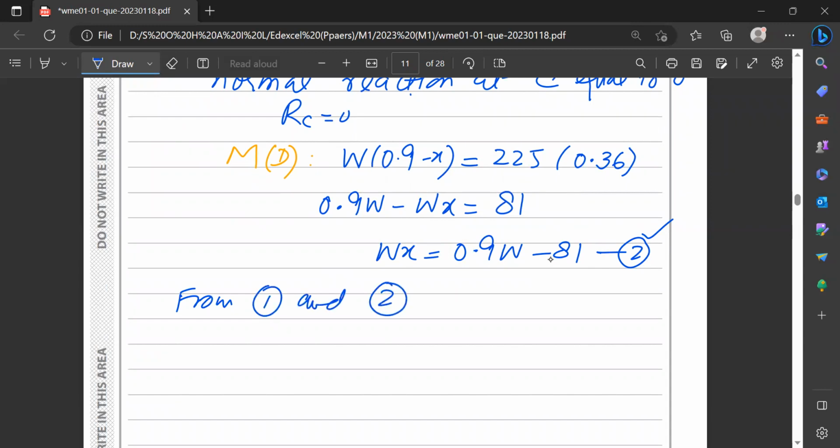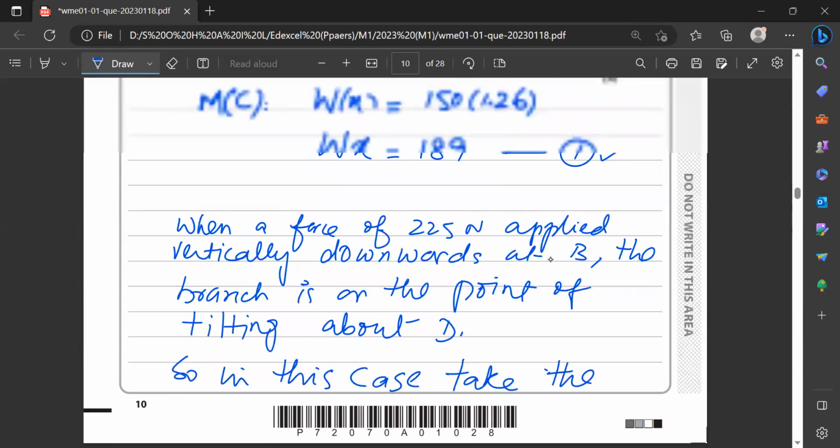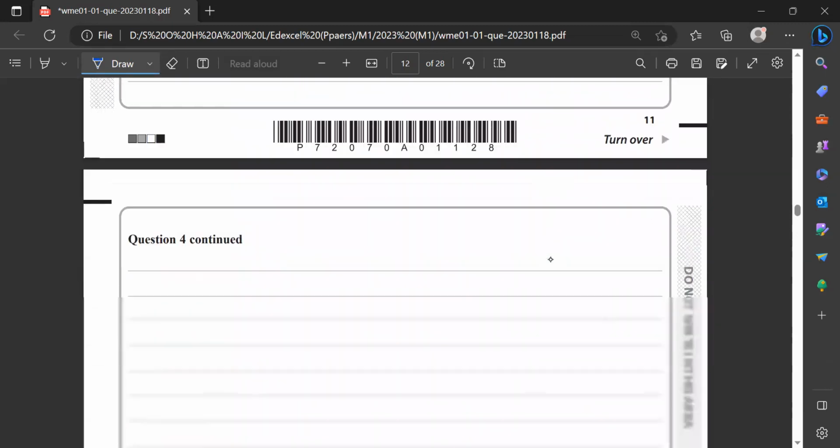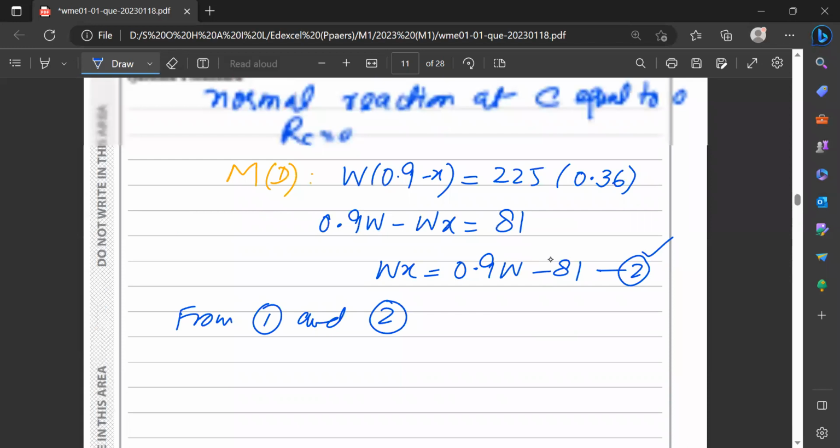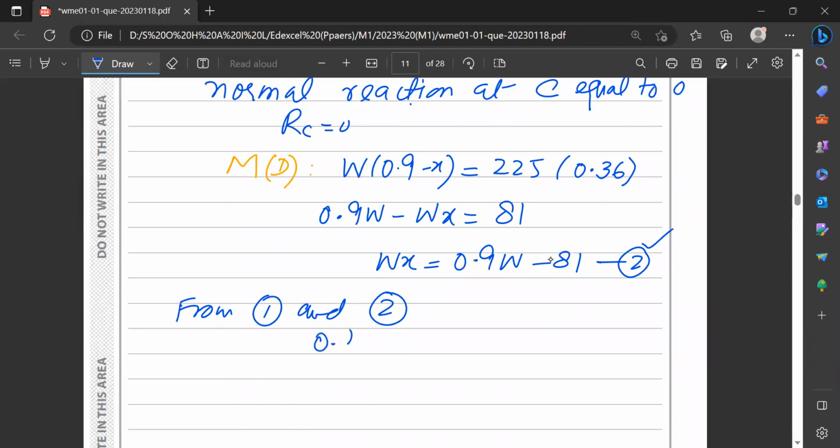So I can equate that to 189. So 0.9 W minus 81 is equal to 189, so 0.9 W is equal to 270.